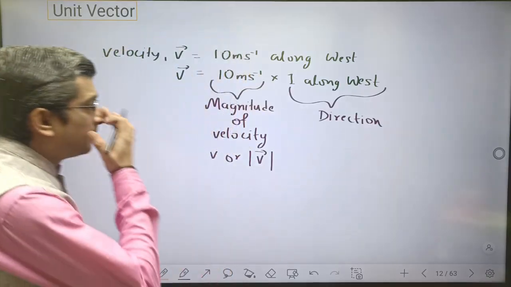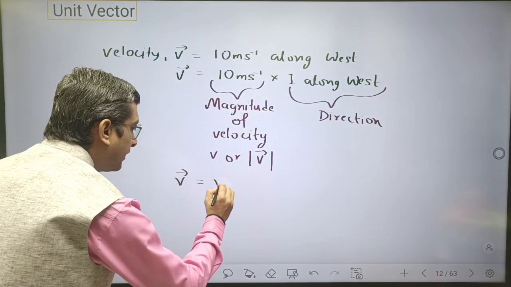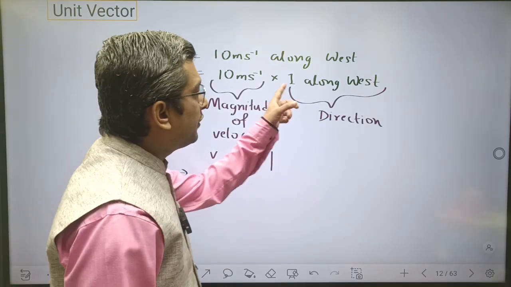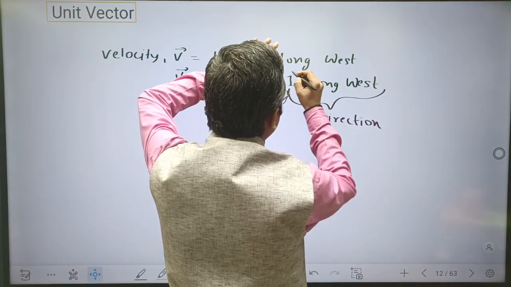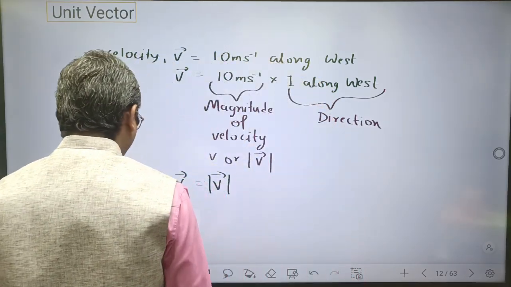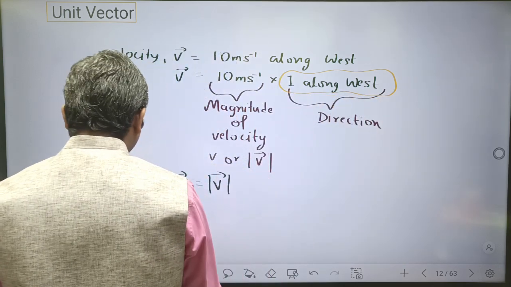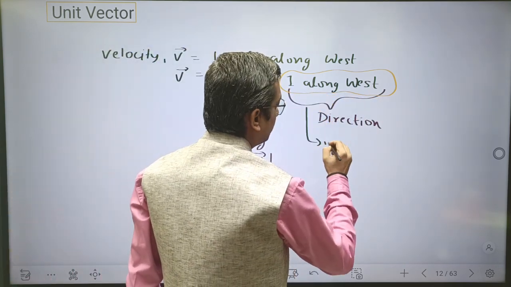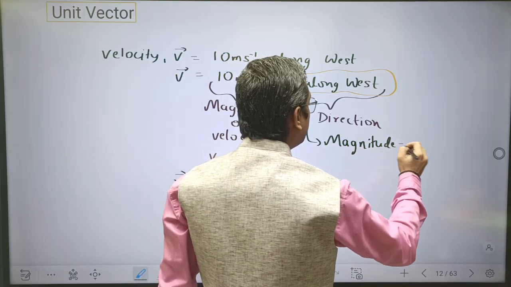So this magnitude is represented, so this can be written as v, that is the magnitude, in this way. And this one along west, if you observe particularly, has a magnitude equal to 1. Why magnitude equal to 1?